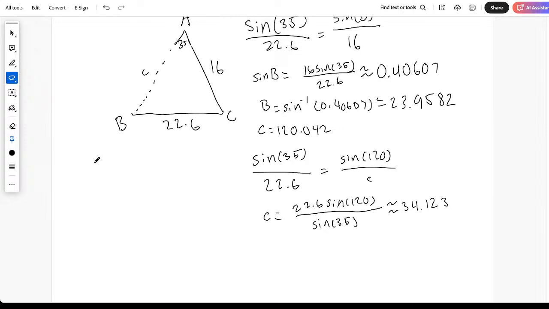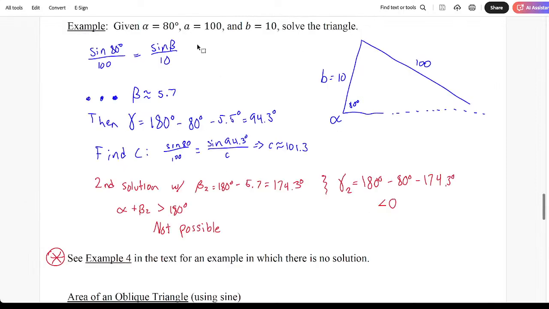So 180 minus 23.958, and that equals, I don't care for decimals, so I'm going to put it in the calculator, 156.042.